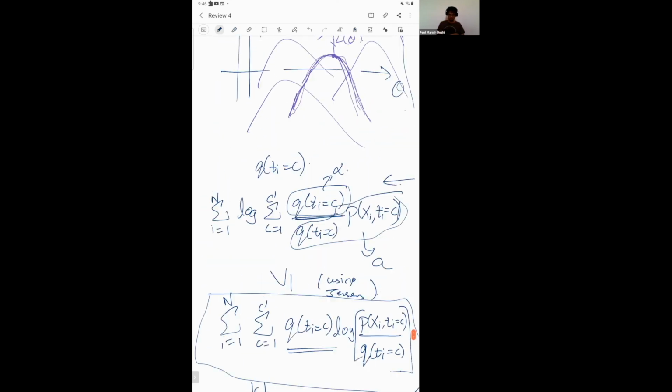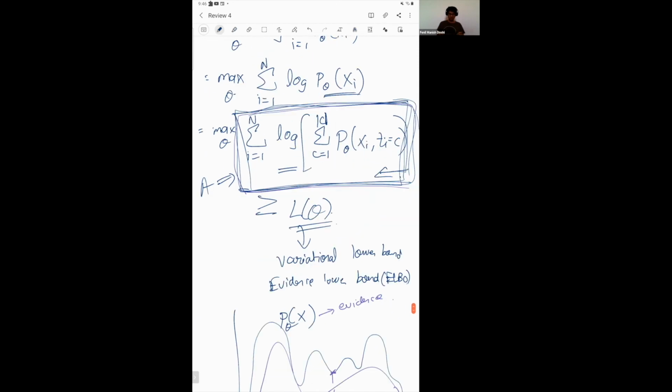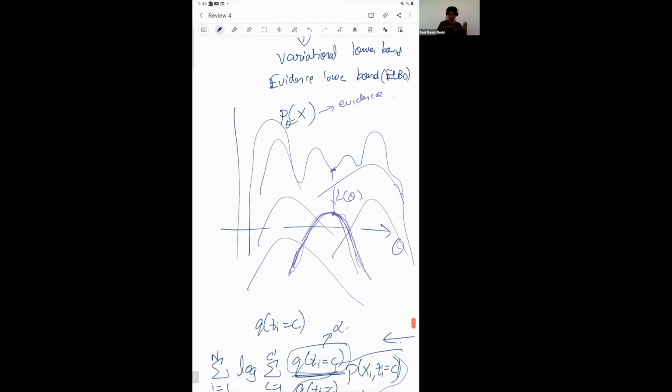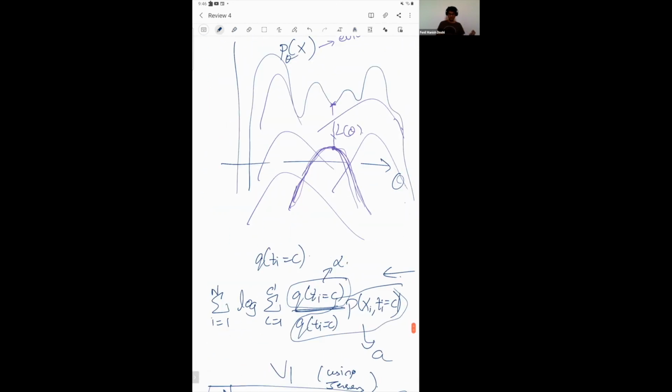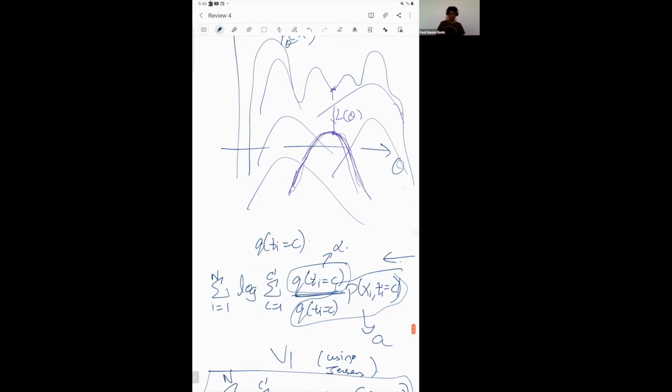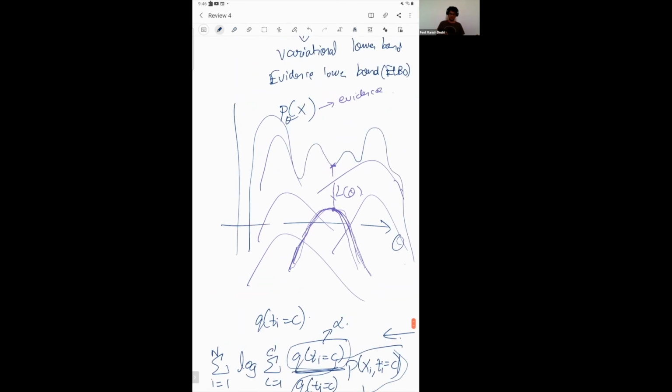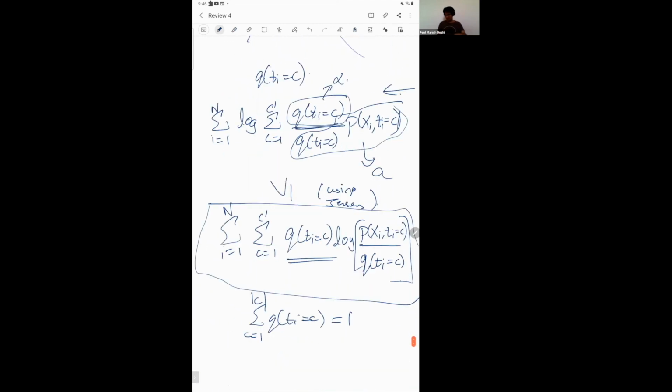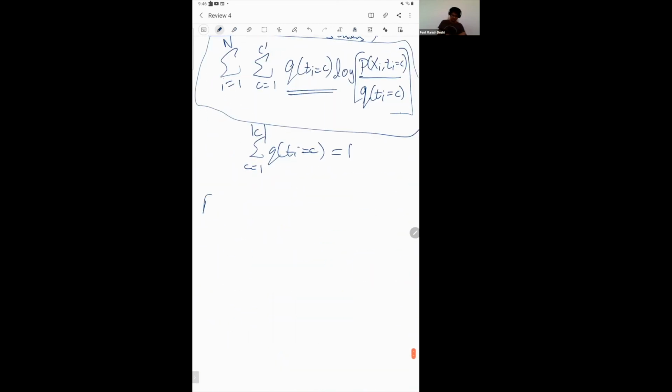So in this optimization, we saw the q of ti never came into place. It's just a free function that we introduced, and changing that would yield different evidence lower bounds, and then we would have a family of lower bounds, and then we would optimize over q.